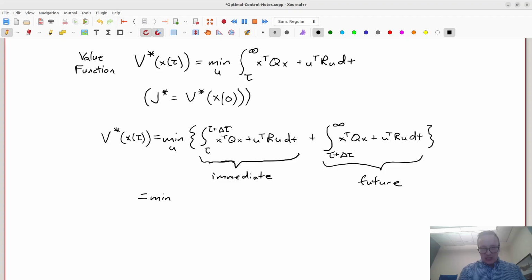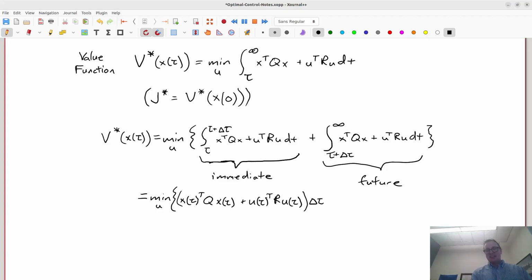Since our state can't change too much in a small amount of time, this first immediate section can be just approximated by x at time tau transpose Q x at time tau plus u at time tau transpose R u at time tau, and then all of this multiplied by delta tau.